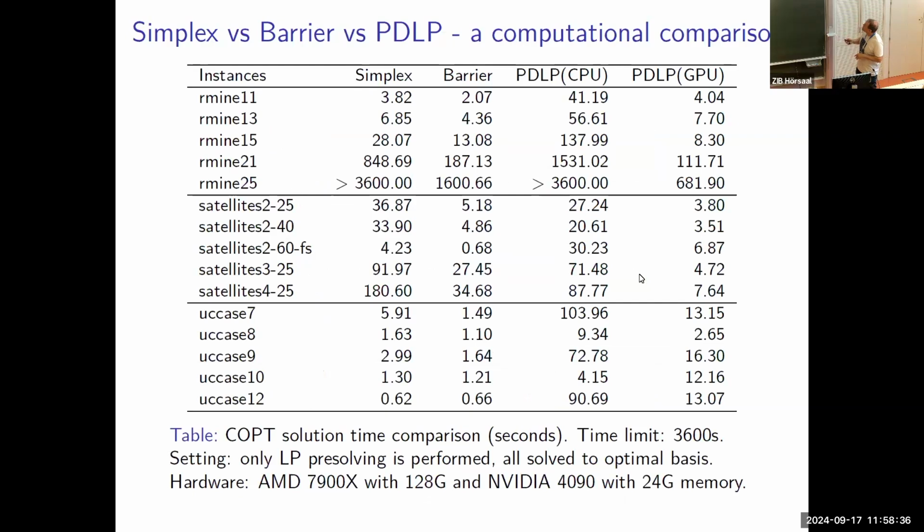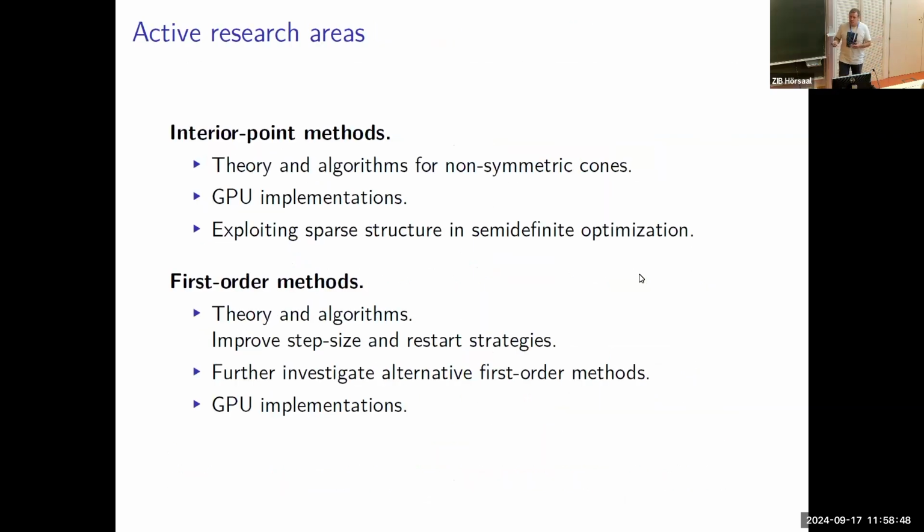Barrier is better than simplex, and maybe PDLP is faster. And for the unit commitment problems, probably simplex and barrier are better. Those are selected problems, but it still shows that at least with these first order methods, we can already have a realistic alternative to established methods that people have been using for 30, 40, 50 years.